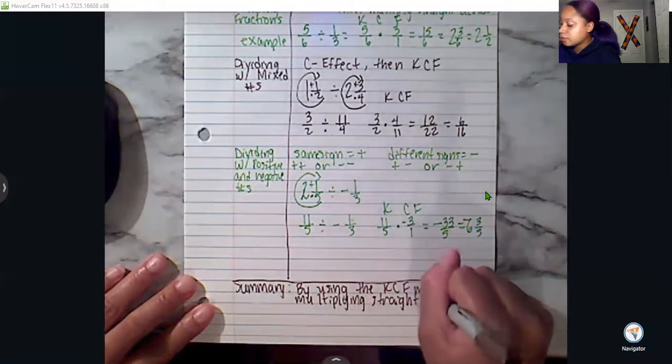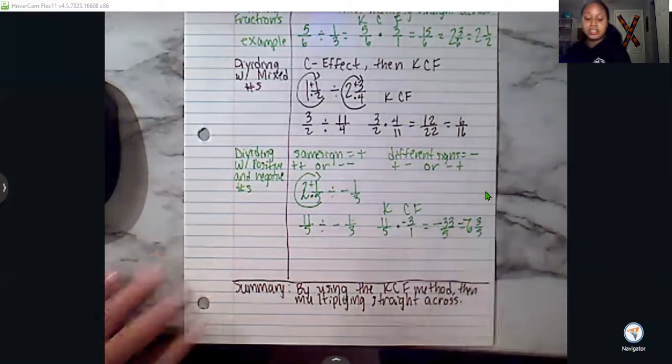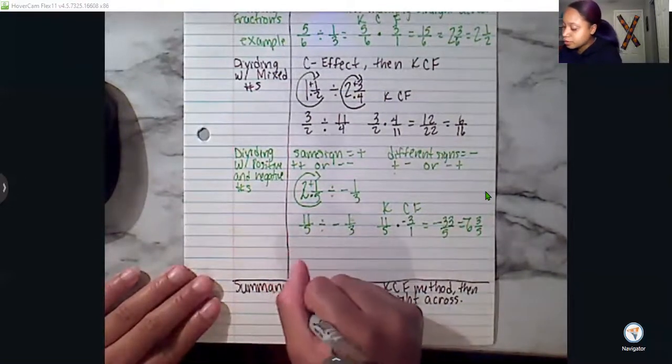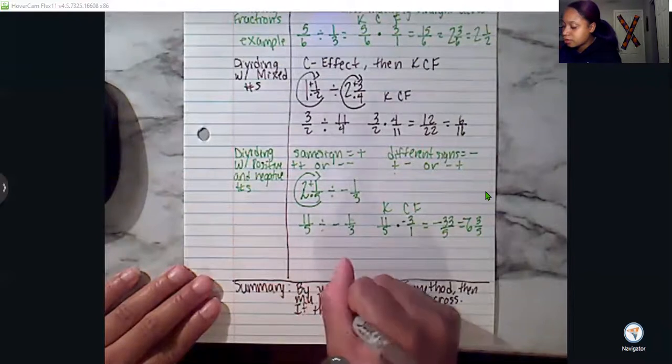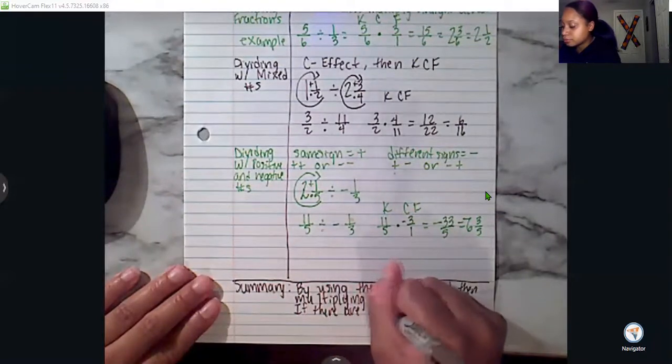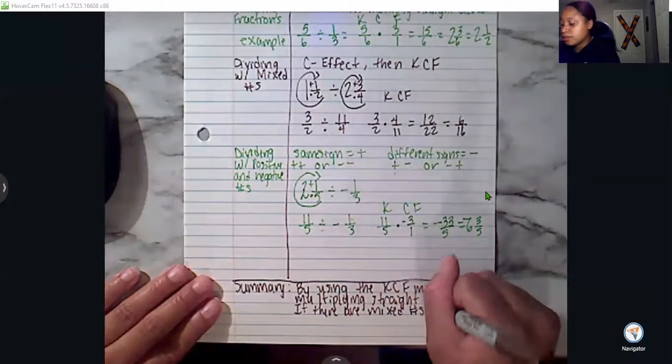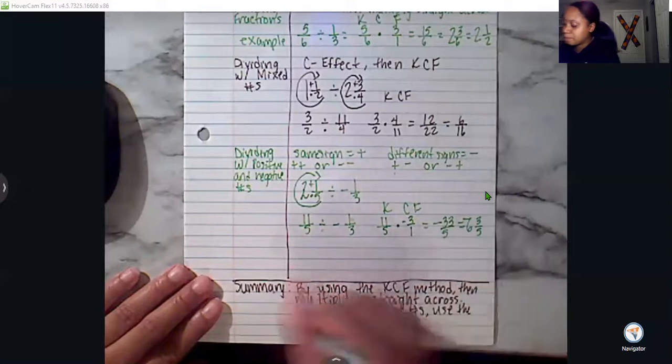The only thing that changes this is if there are mixed numbers. Use the CF first.